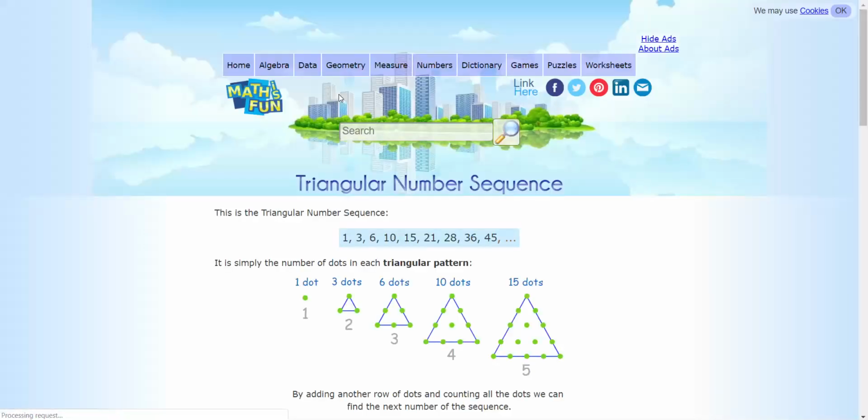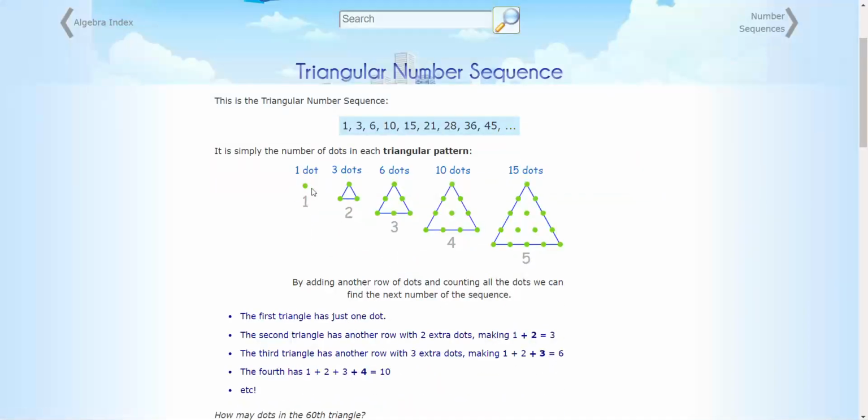What's the pattern there? Oh, this is the triangle number sequence, 1, 3, 6. By adding another row of dots and counting all the dots.